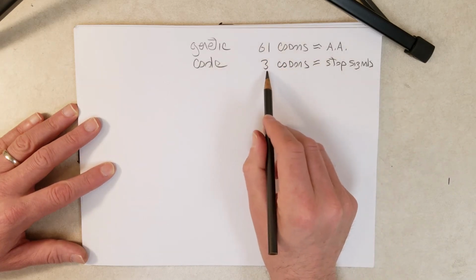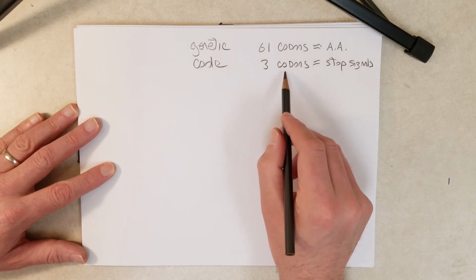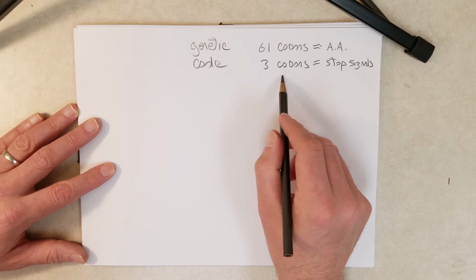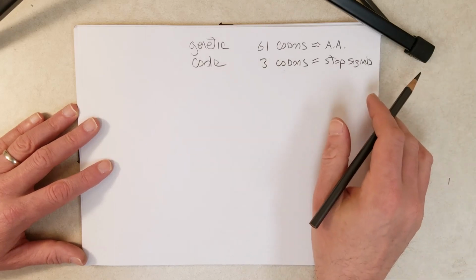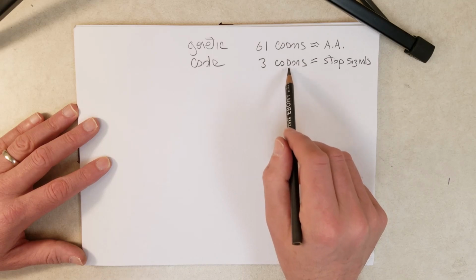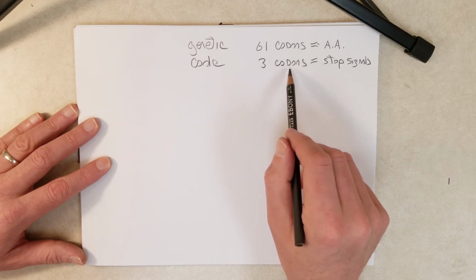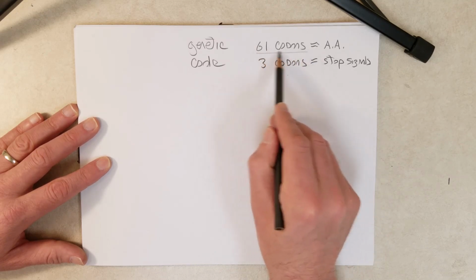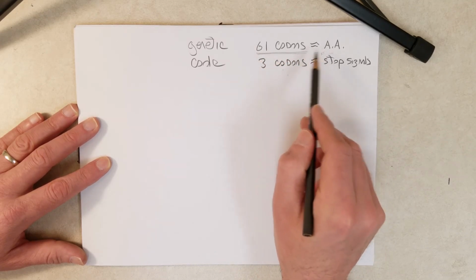The 3 stop codons are not recognized by transfer RNAs. When we get to how the ribosomes perform translation, we'll talk about how the stop codons are recognized. They're not recognized by tRNAs. But the 61 codons for amino acids, those are recognized by tRNAs.